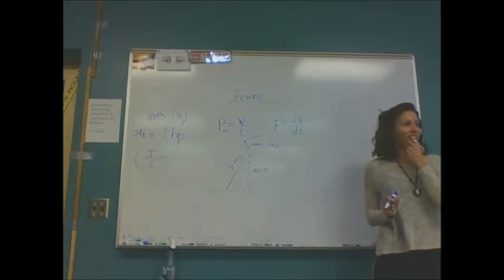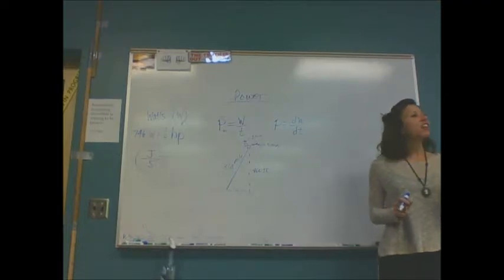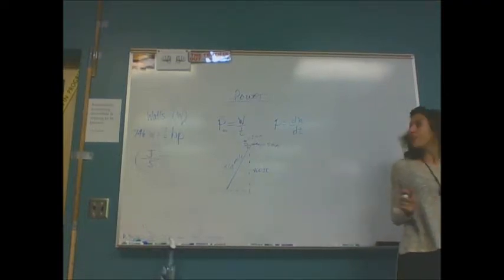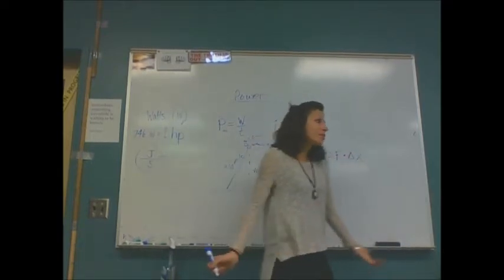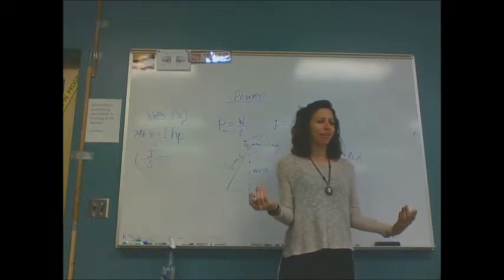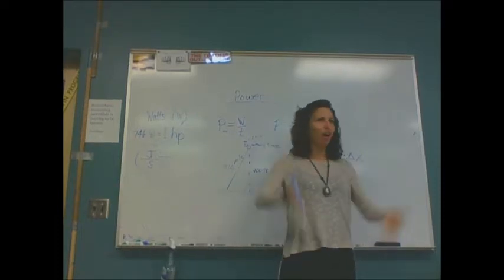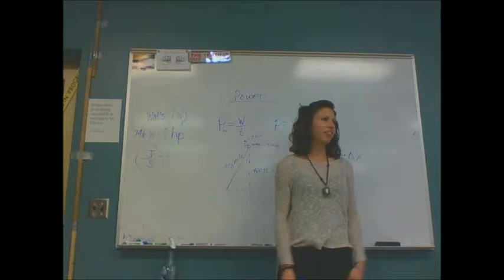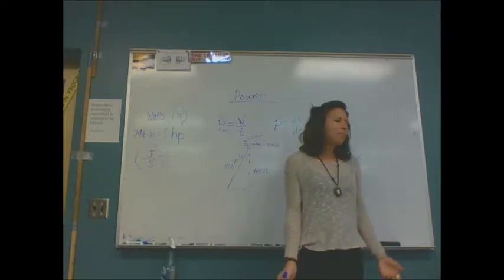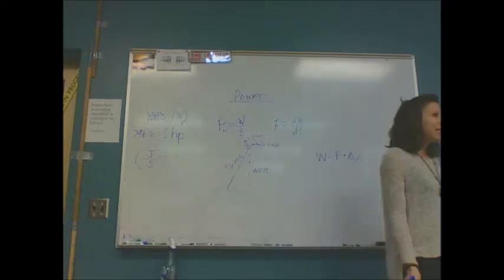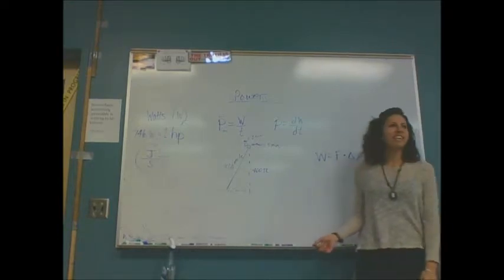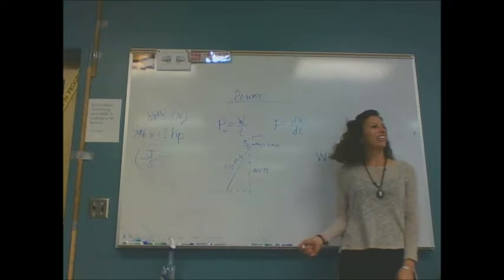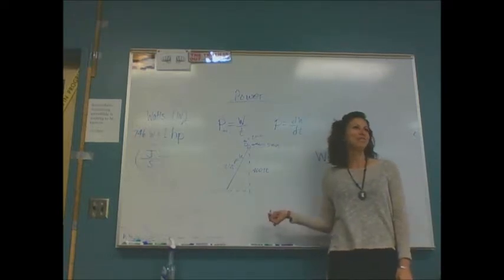But if someone was going to just lift me up at a constant velocity, the force of tension would have to be equal and opposite to the gravitational force to lift me up. So that's the force, that's the amount of energy that I need to put into the system, right? The system being me. So I have to exert a force that's equal and opposite to my weight, and my displacement that's in the same direction of the force is this height, this 400 feet. Okay, and since we have the same weight, we have the same force and the same displacement, therefore the same work is done.